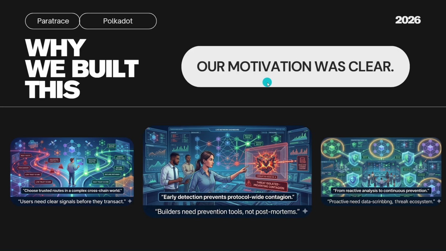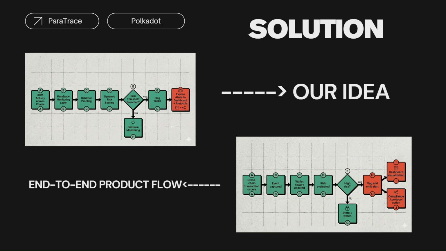So let us move on to our idea and our end-to-end product flow. We see XCM activity across chains. The Paratrace monitoring layer detects that particular XCM transfer, profiles or records the transfer, and analyzes its behavior.